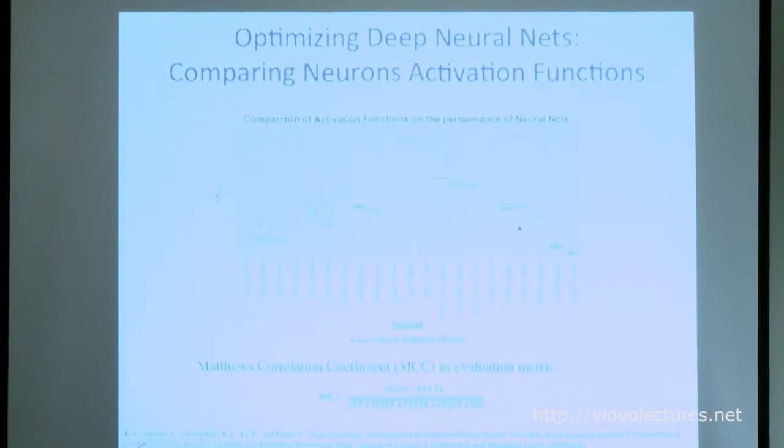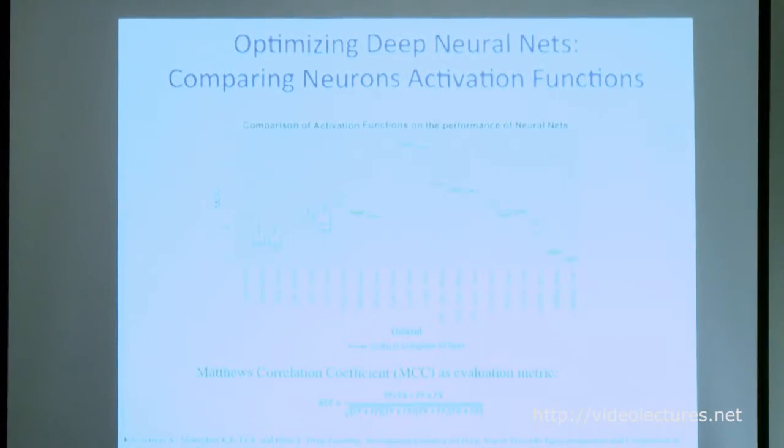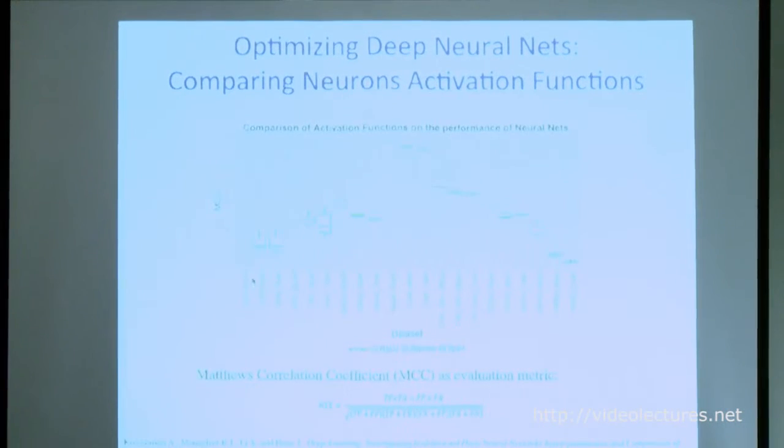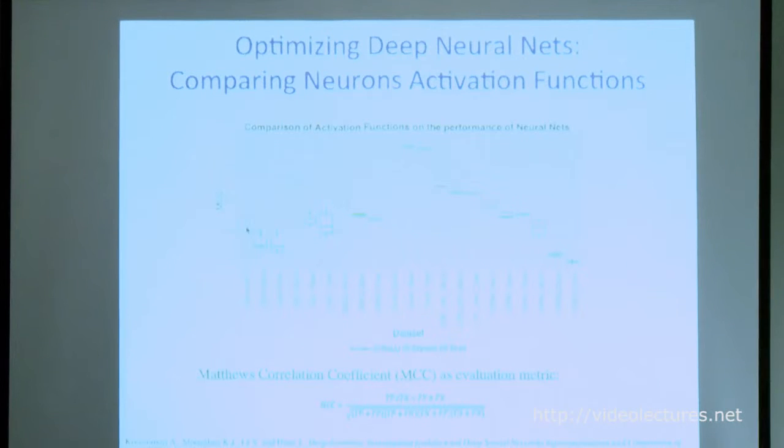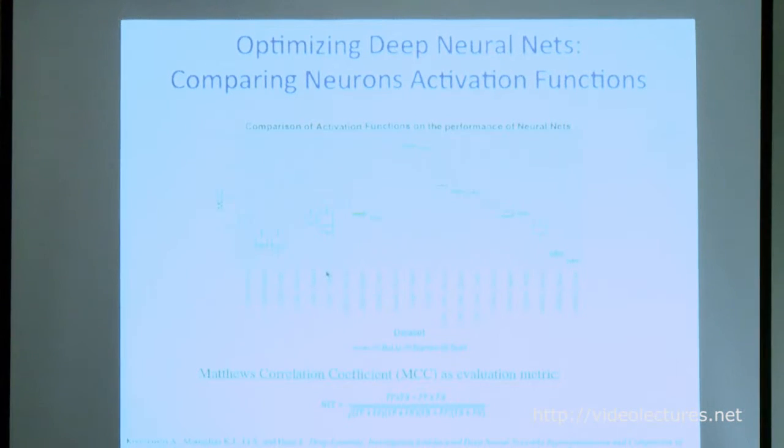First, we compared the activation functions. Basically, ReLU turns out to be always better. Here there are 3 different activation functions: ReLU, sigmoid, and the inverse tangent function. And we have 7 data sets, so you see 7 blocks, and each block has 3 boxes.